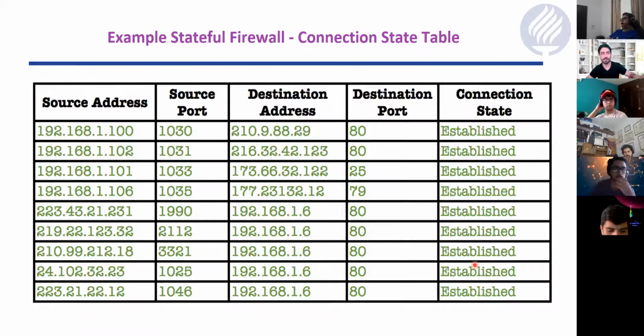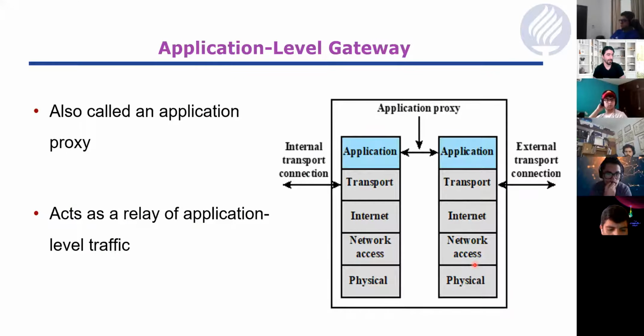So far we talked about packet-based filtering, just looking at the packet, and the stateful firewall, which also looks at the established connections. Those were more like lower layer firewalls, considering the transport layer, and they keep the state of the information.